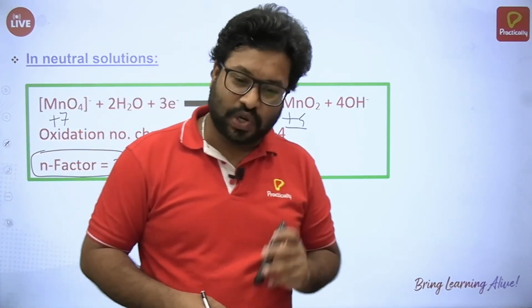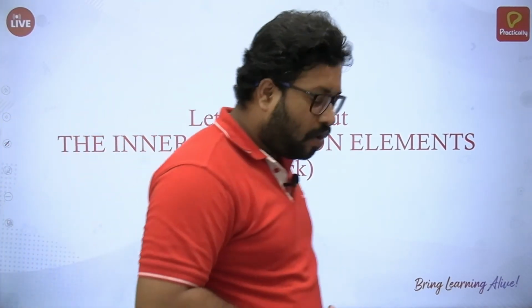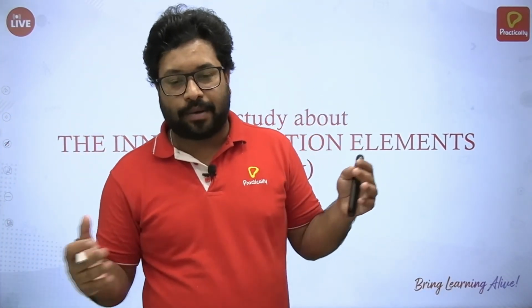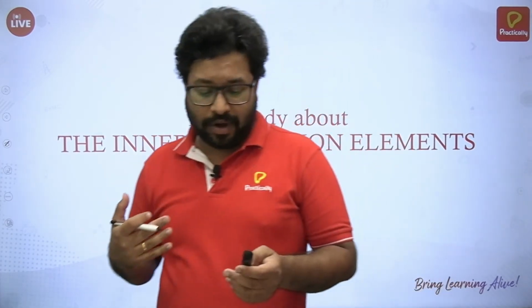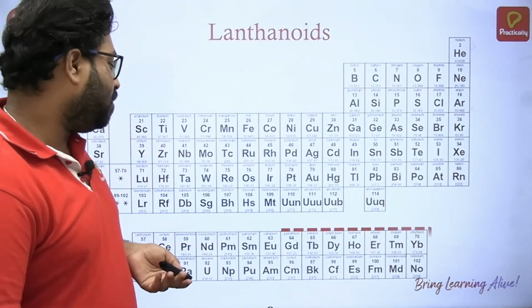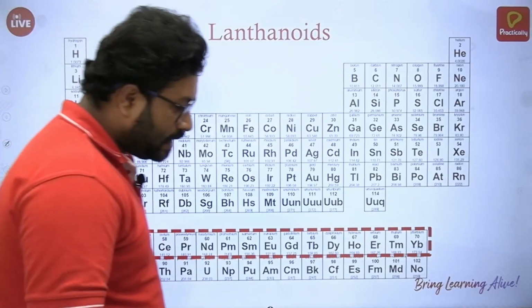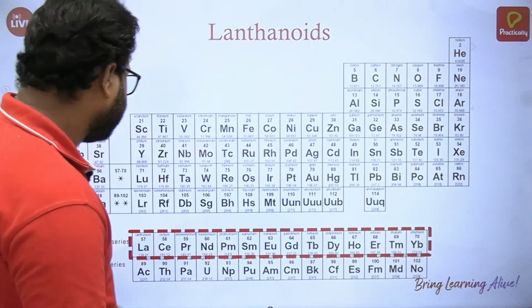Okay, sure. Moving ahead. Now that we have understood all the d block elements and their different kinds of compounds, let's understand the f block elements. Lanthanides and actinides, as we all know. What are some of the lanthanides?